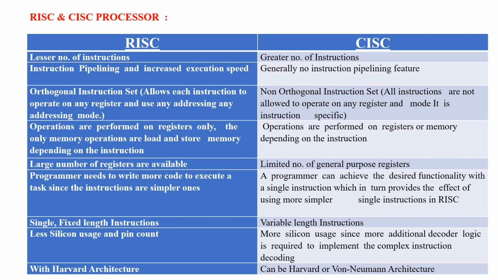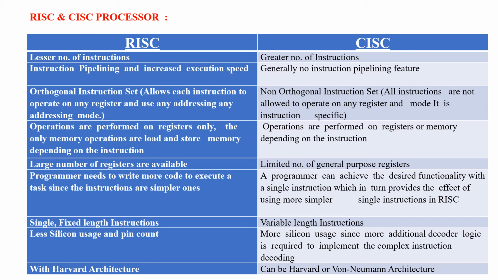Therefore, execution time for code increases. Hence, it affects the system performance. But RISC processors are simple in design, so the cost of RISC processor is low. Generally, PIC microcontroller supports the RISC architecture.